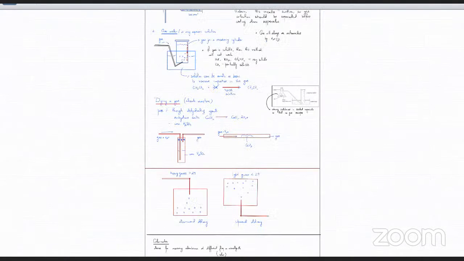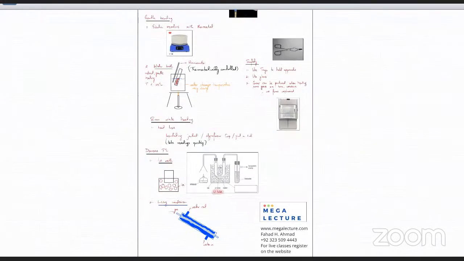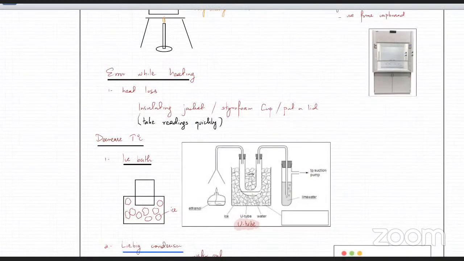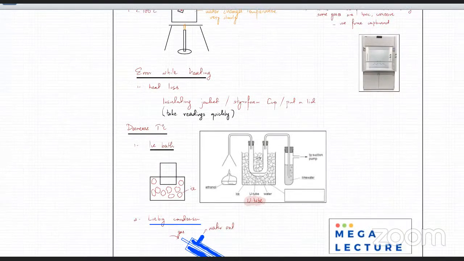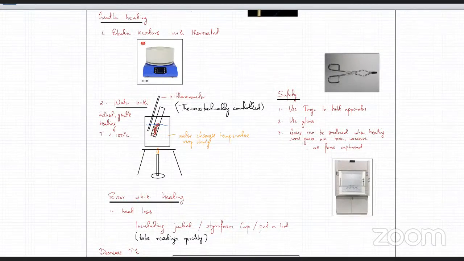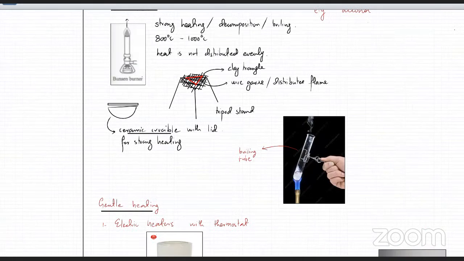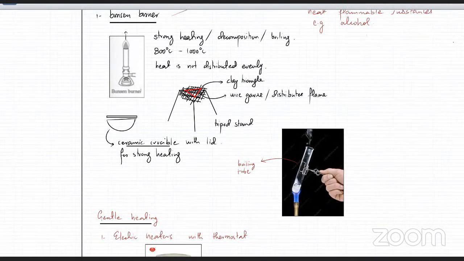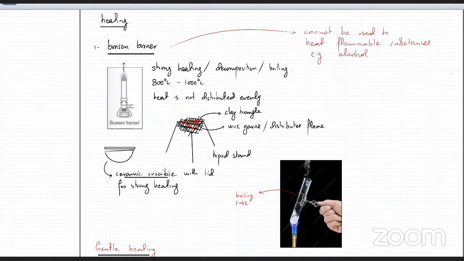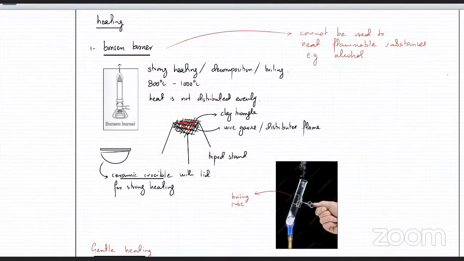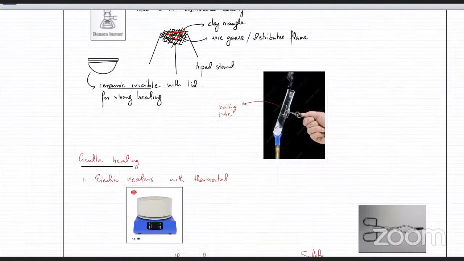Now, one way is a Bunsen burner. That's the first thing. The problem with the Bunsen burner is that it has a very high temperature, around 800 to 1000 degrees centigrade. So you're never going to use a Bunsen burner. Bunsen burner is not suitable for this.